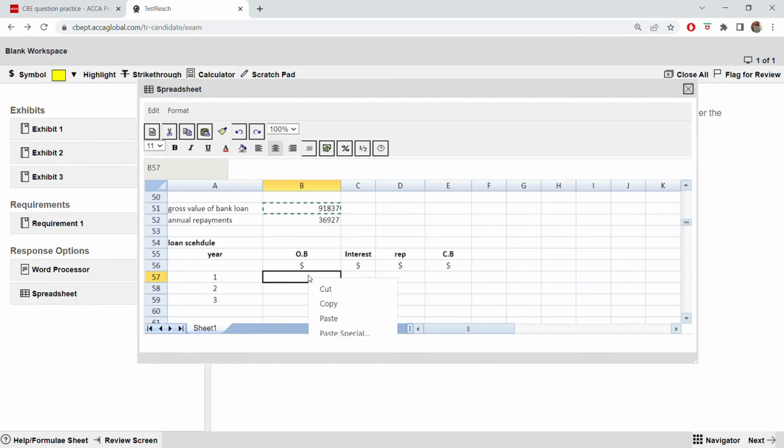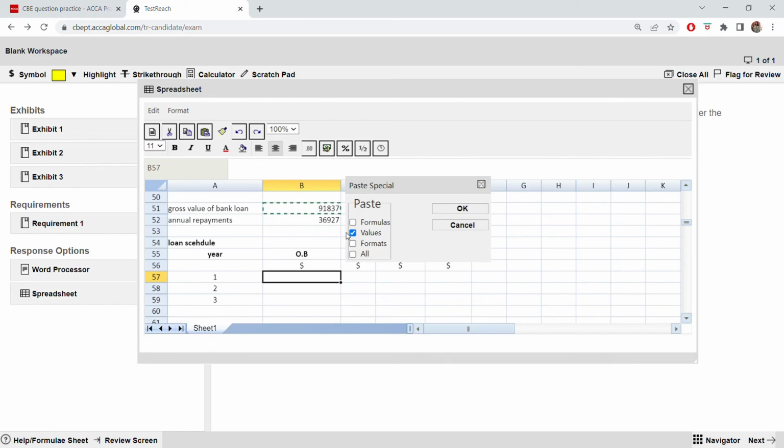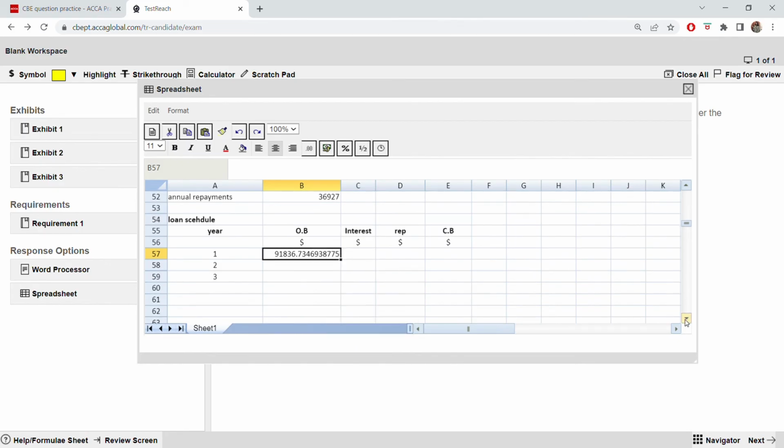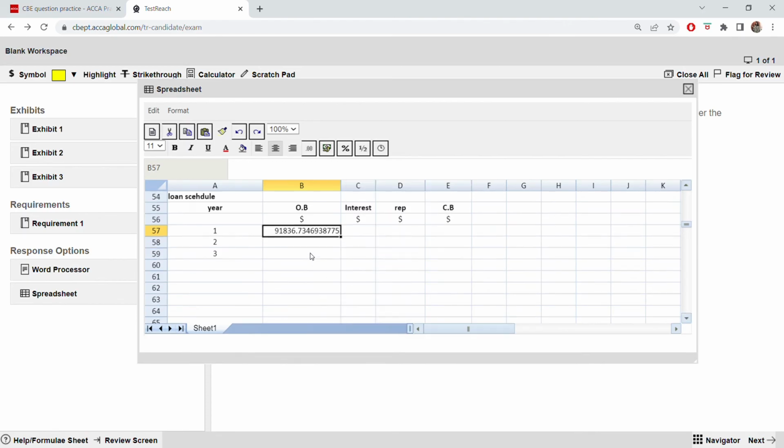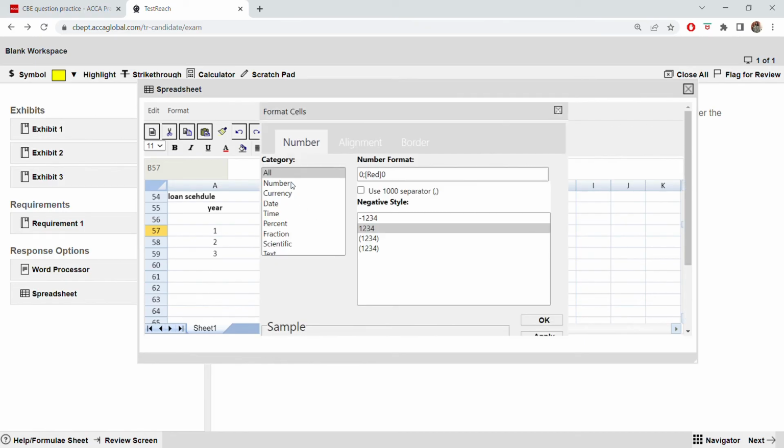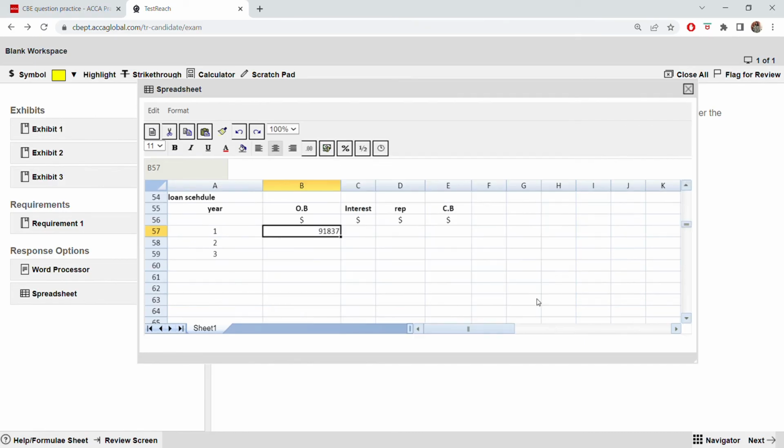Again you have to click it. It will already be there, then the value. The whole value came. Anyway, you can round it up. Format cell number, this. 91837.